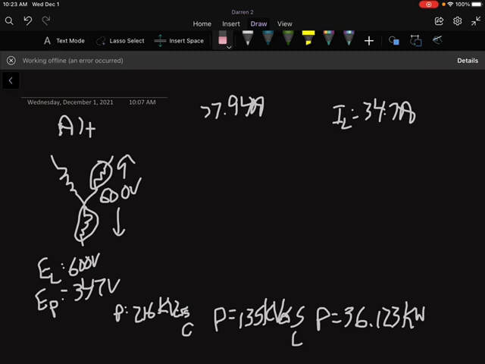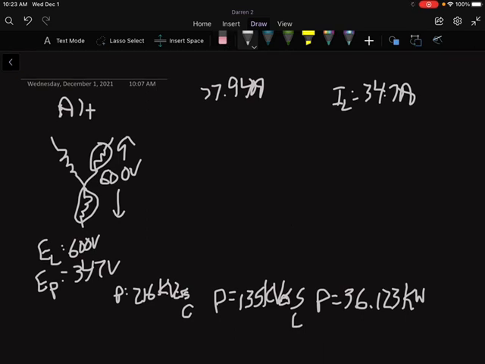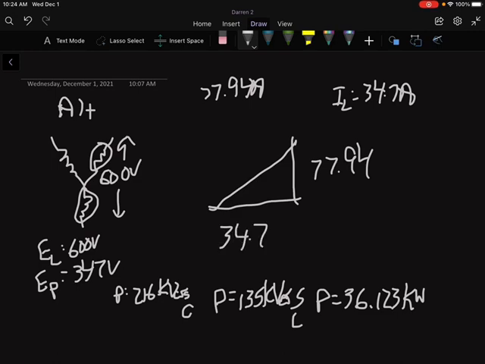So let's plot that. It's more capacitive, so it's going to be up. So our triangle is going to be like this: 77.94 up and 34.7 amps.